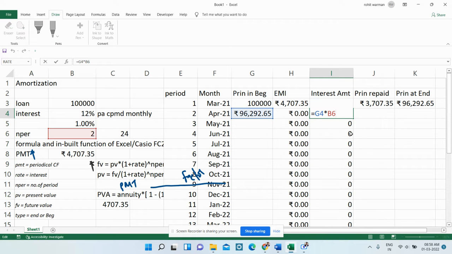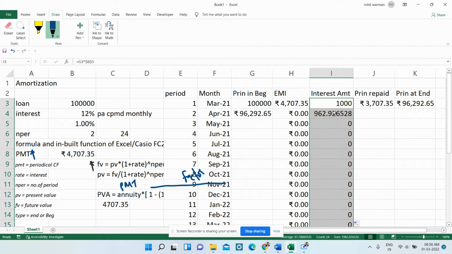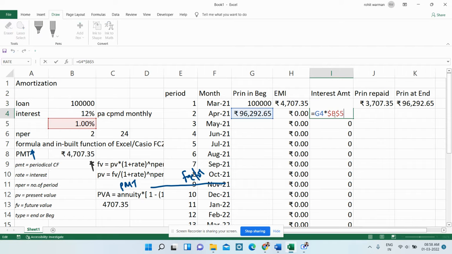Okay, now the thing is, just a minute. F4, F4. No, it is fine. And I'll double click, and you see the formula. The formula is that the principal in the beginning is multiplied with the 1%.